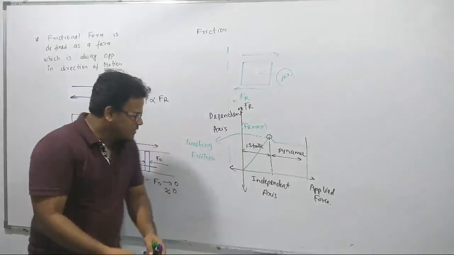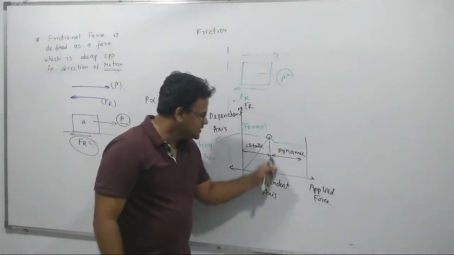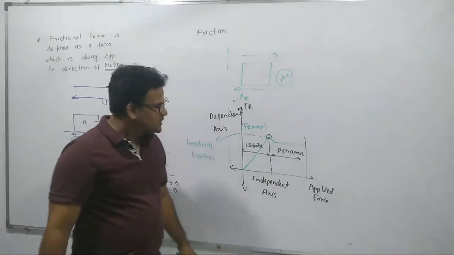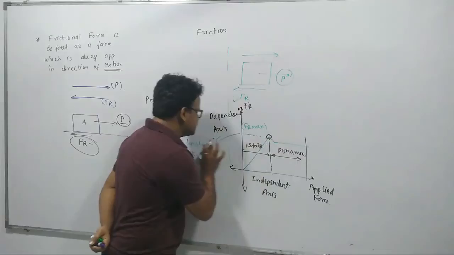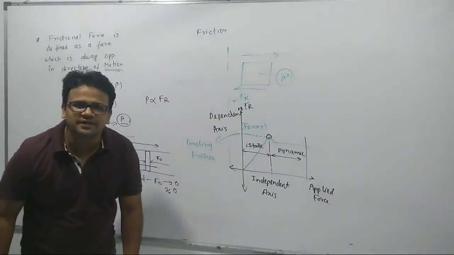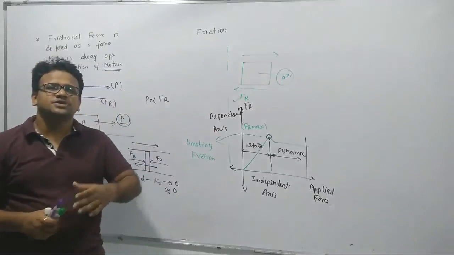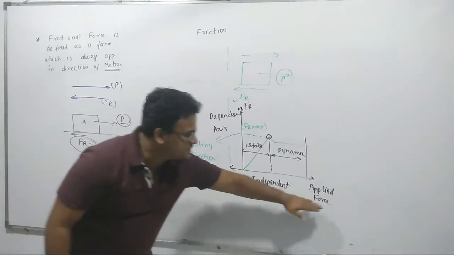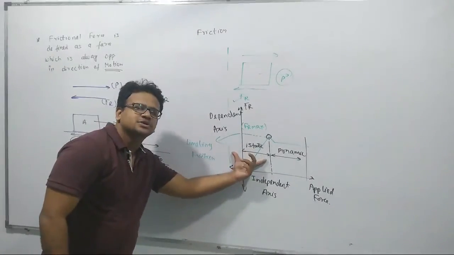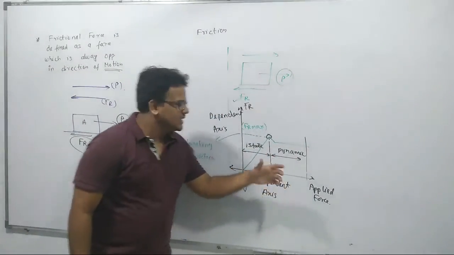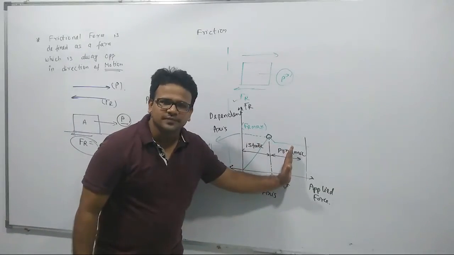Now what is its analogy over here? The analogy is very simple. If we increase the applied force, we come to this point, which is called the point of limiting friction. If beyond the point of limiting friction we further increase the applied force, the body will go from static condition to dynamic condition. That means the body which was stationary has now started moving.